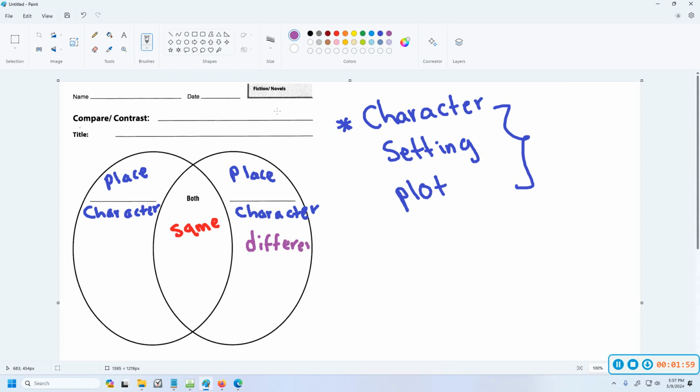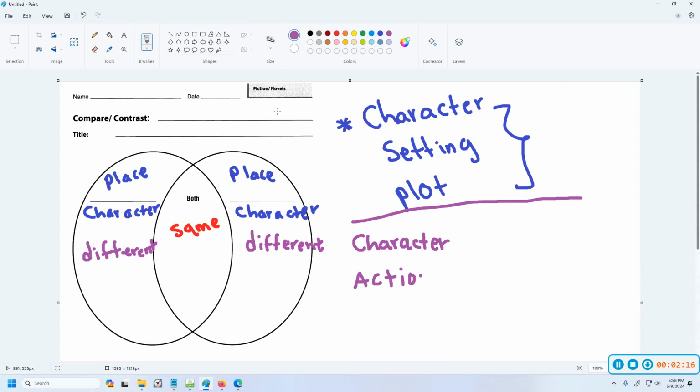Okay? One more thing I want to mention is when we're talking about characters, we have to look at their actions. We have to look at their thoughts and feelings.